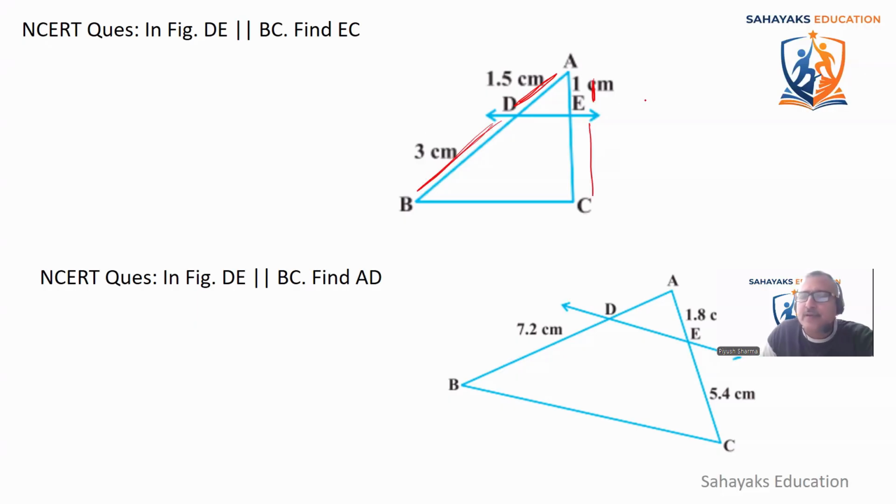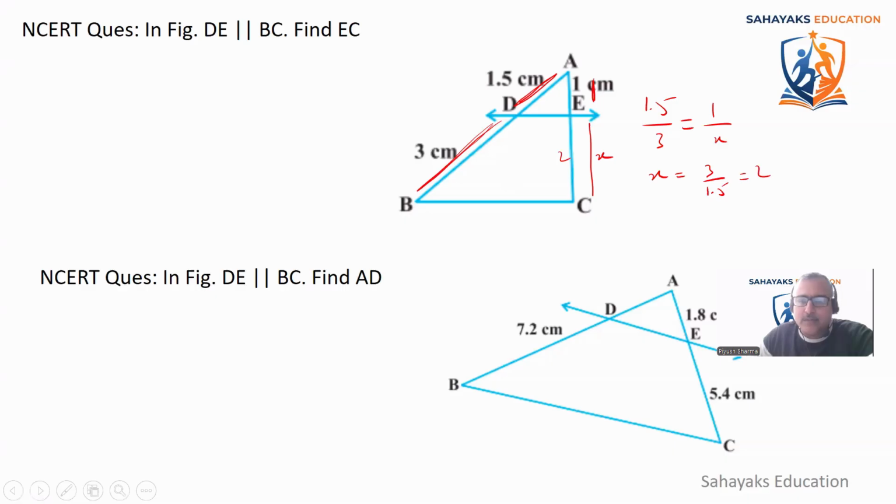So we can say 1.5 divided by 3 is equal to 1 divided by x, if this value is x. So what is the value of x? If we cross multiply, it comes out to be 3 divided by 1.5, which is 2. So this value is 2.